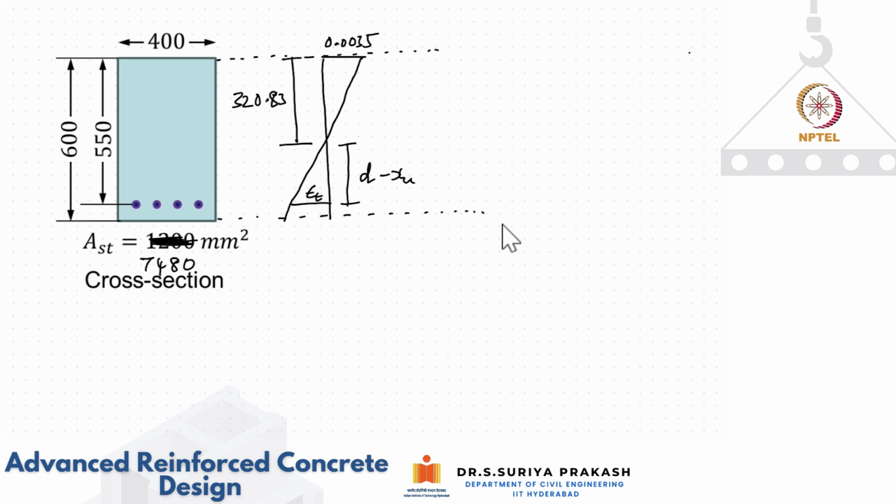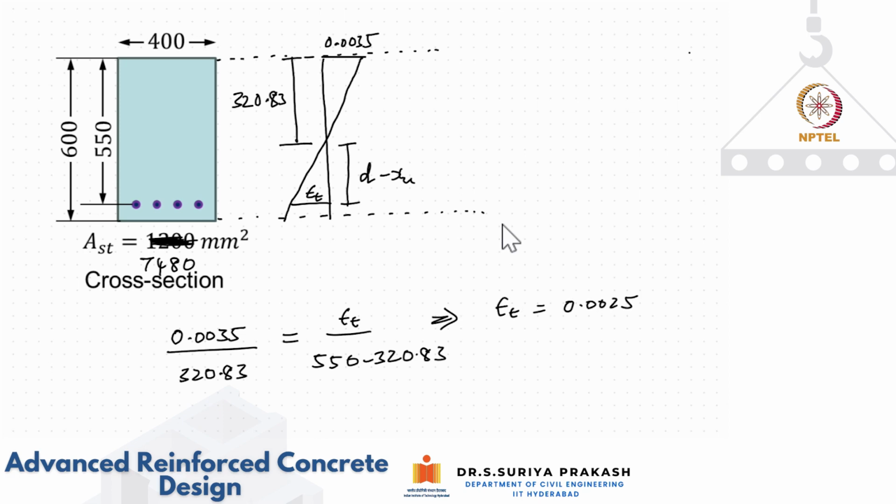From the strain distribution, again, we can calculate that 0.0035 by 320.83 should be equal to epsilon t divided by 550 minus 320.83. If you do that, again you will find epsilon t equal to 0.0025. That's what we did for the balanced reinforcement ratio calculation.